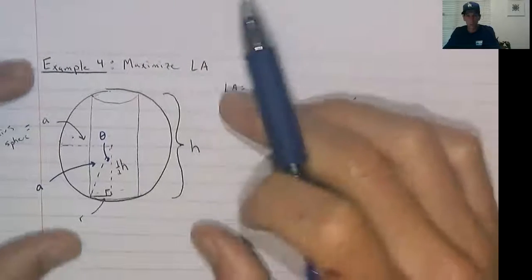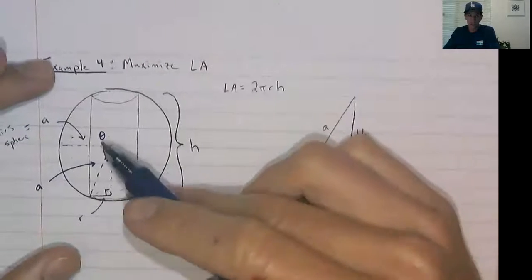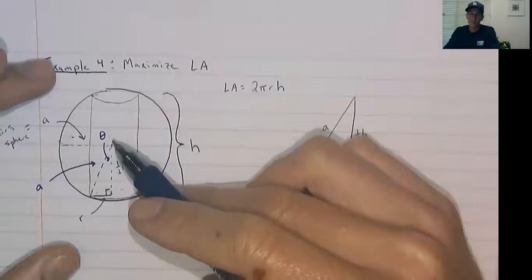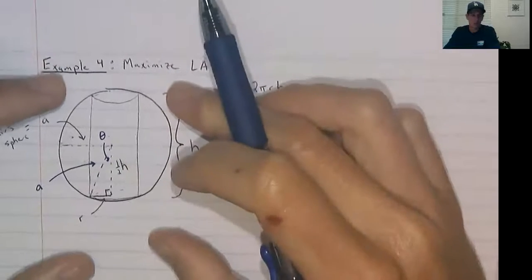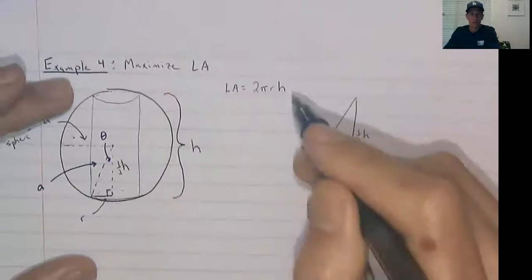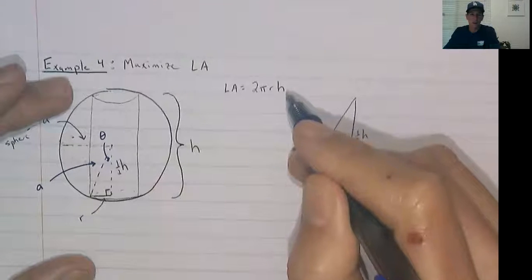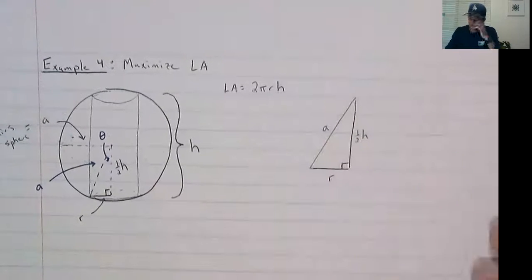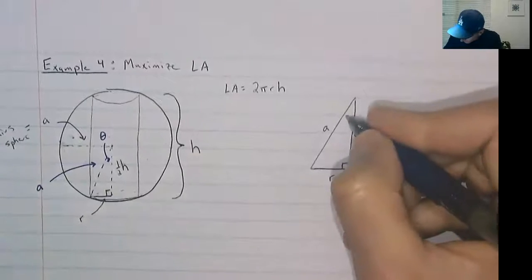So one way to think of it is the height dictates that angle, but the flip side is that this angle is going to dictate the height of our cylinder, and the height of our cylinder is intimately involved with our lateral area. We're going to call this theta.